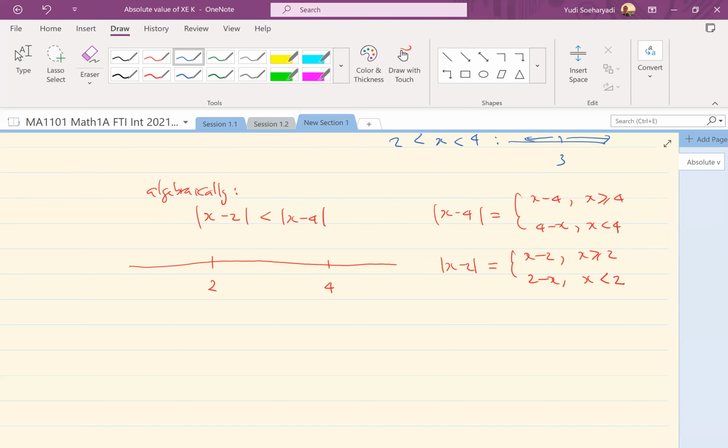All right, so now we have 3 cases. So to the right of 4, the absolute value of x minus 2 is actually x minus 2, and here we have x minus 4. And in the middle, between 2 and 4, this is x minus 2, but the absolute value of x minus 4 is actually 4 minus x because that's to the left of 4.